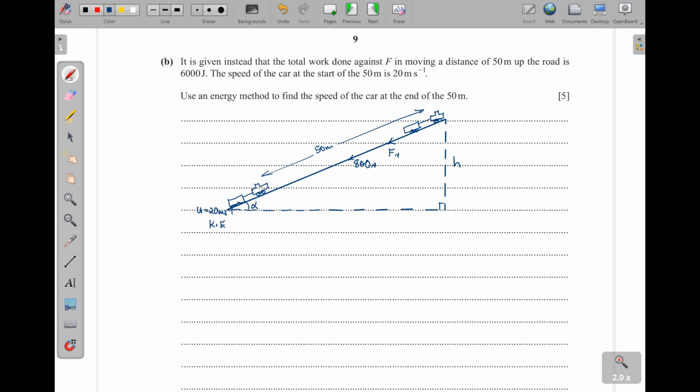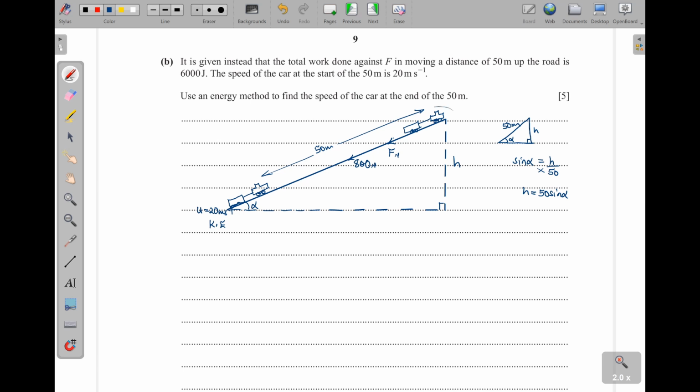Okay, now when you use a right angled triangle, this is 50 meters, this is alpha, this is h, this is opposite and hypotenuse. How are they connected? That is by sine. So sine alpha is equal to the opposite h out of the hypotenuse 50. So when I cross multiply, then h becomes 50 sine alpha. Okay, I keep that there.